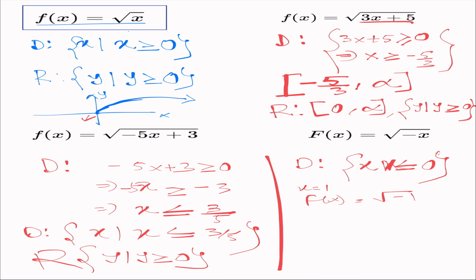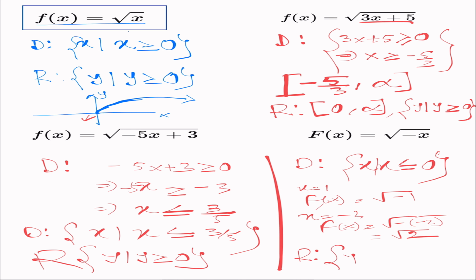But if x equals -2, then it's the square root of 2, positive. So it is defined. That's why I said for this function, x is less than 0. The range is always the same. Y is always more than 0, no matter what function you have.